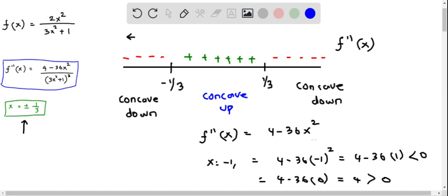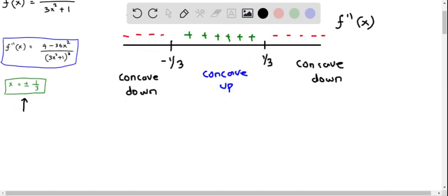So we can now write down the concave up and concave down intervals using this sign chart of the second derivative. First, we write concave up. The interval is negative 1/3 to 1/3. And let's write the concave down interval.